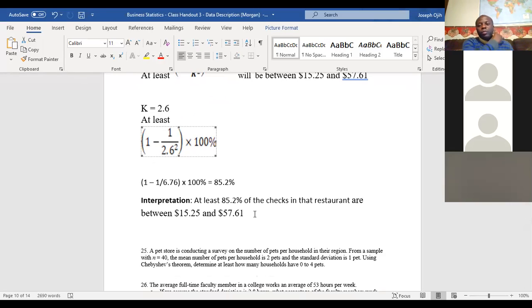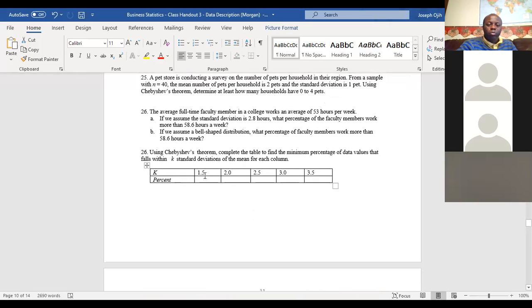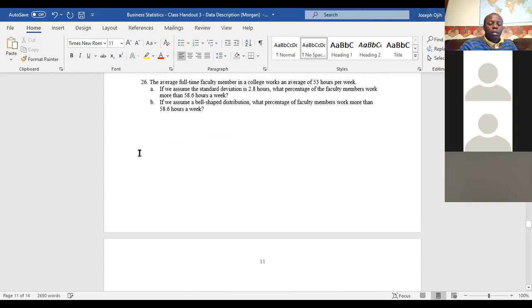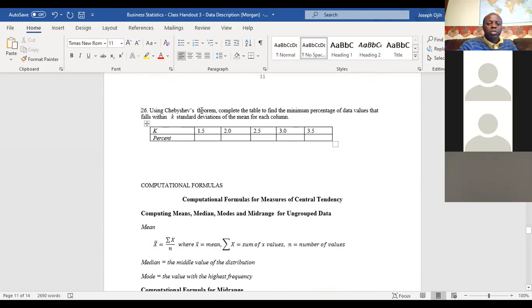Okay. Now, this is one way of using Chebyshev. Sometimes the question might ask you to fill up a table like this one. It says to use Chebyshev's theorem to complete the table to find the minimum percentage of data values that fall within K standard deviations of the mean. In this case, they gave you the value for K already, so they want you to calculate the percentage.